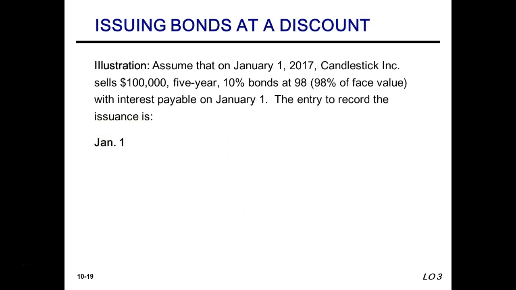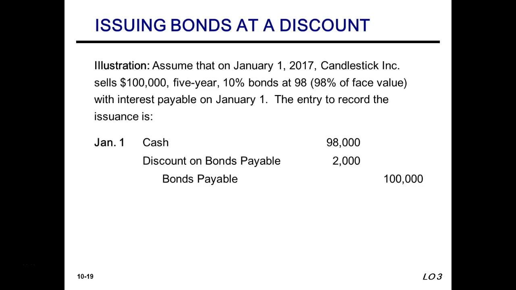Assume that on January 1st, 2017, Candlestick sells 100,000 5-year 10% bonds at 98. Okay, we know right away this is a discount, 98% of face value. So the cash that they're going to receive is 100,000 times 0.98. So they're going to debit cash for 98,000.